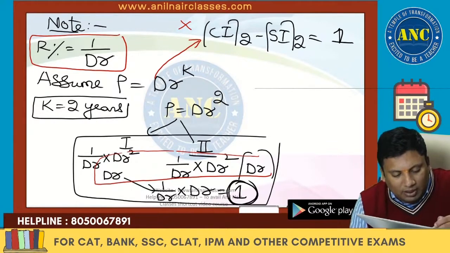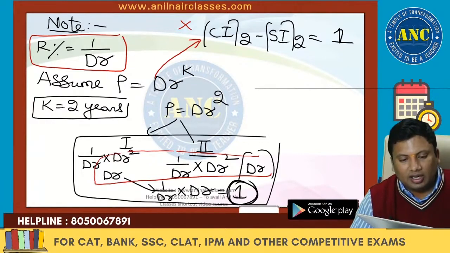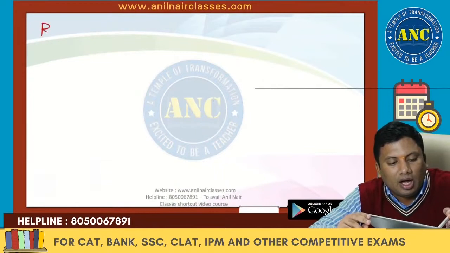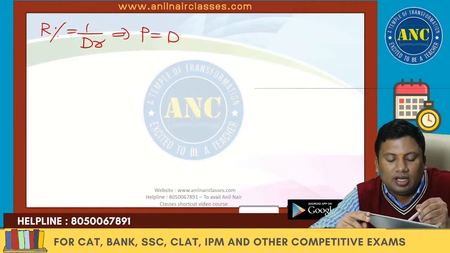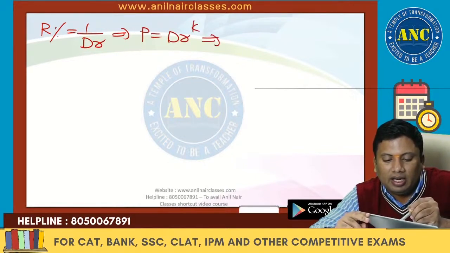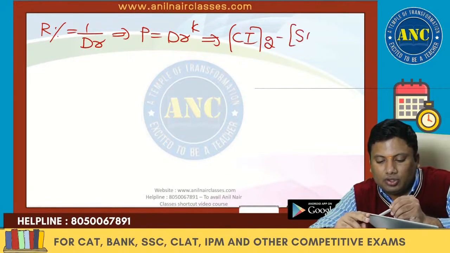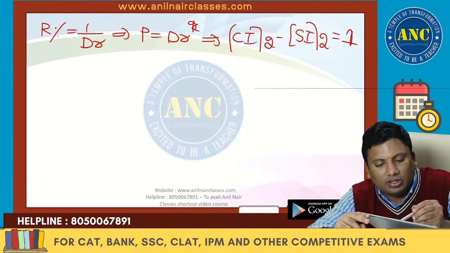D is nothing but total CI, 2dr plus 1. Subtraction, I will get 1. Please write down this important key point: R percentage is 1 by dr and the principal is denominator power k, then CI for 2 minus SI for 2 is nothing but 1 for 2 years. So the k value will become 2.